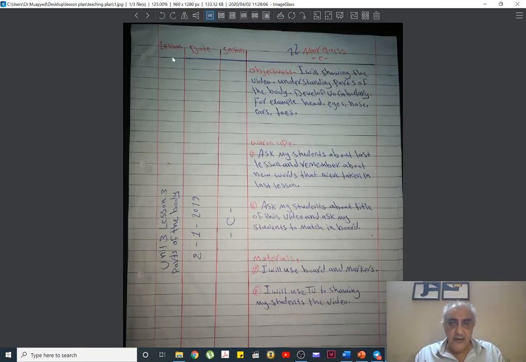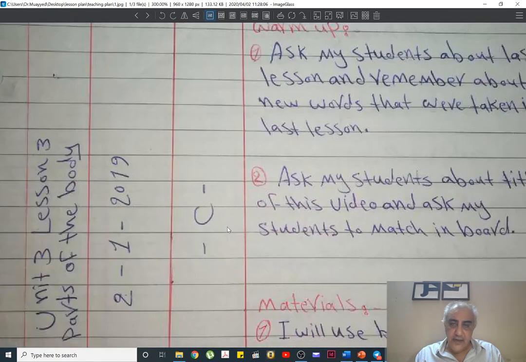Just draw a table. You have the lesson, the date, the section, and here is your name, okay? And then here the unit that you're going to teach, the parts of the body. This is the title of the lesson, okay? And here you write the date, and here you write your section.